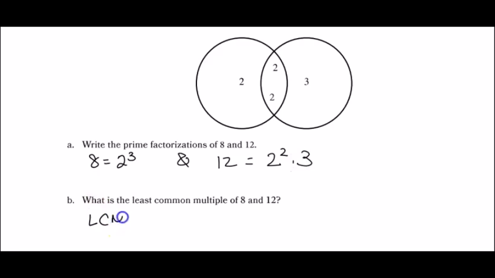So the lowest common multiple of 8 and 12, we take each of the bases, and then we take the highest exponent from each. And that's just a 1. So 8 times 3 is 24.